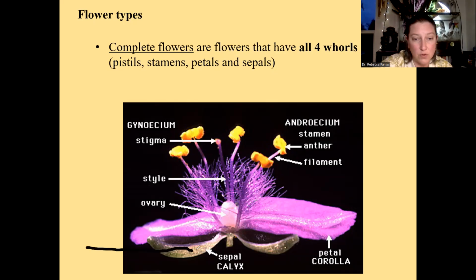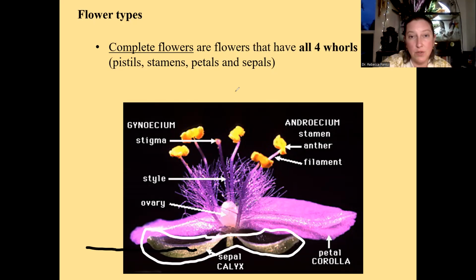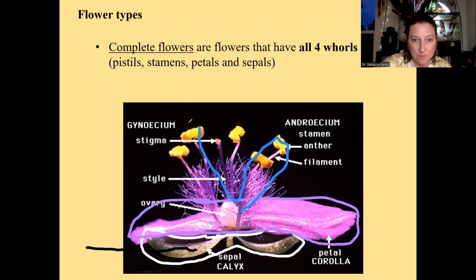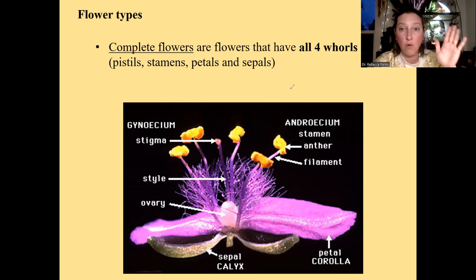It has the outermost whorl, which is the sepals. It has the petals. It has the stamens. And it has the pistil, aka carpels, right? So if a flower has all 4 whorls, we call it complete.